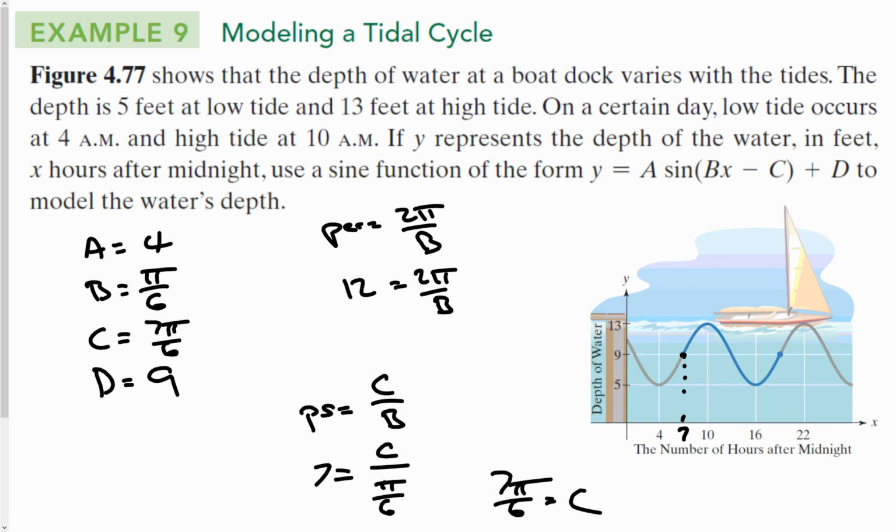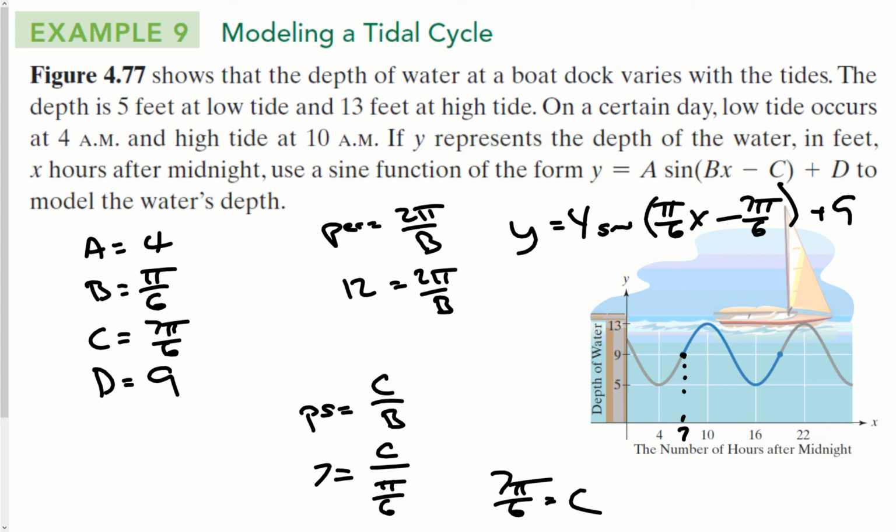And now we can write my function: y is equal to 4 sine of pi over 6, don't forget the x, minus, because I shifted this function right, 7 pi over 6, plus 9.